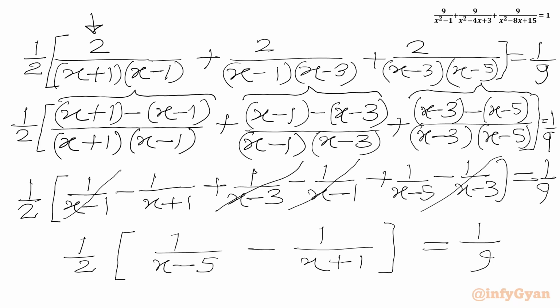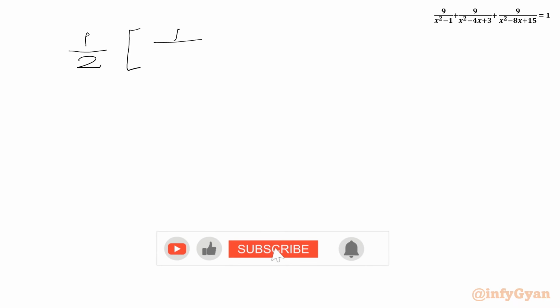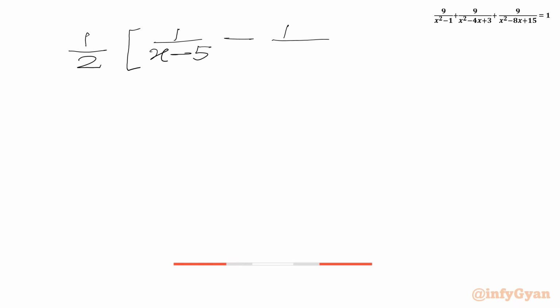Now we will take LCM. Let me write equation here. Half times 1 over x minus 5 minus 1 over x plus 1 equal to 1 over 9.